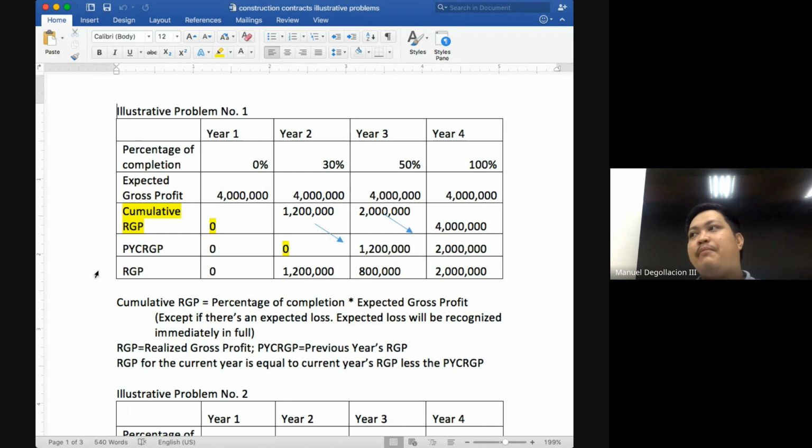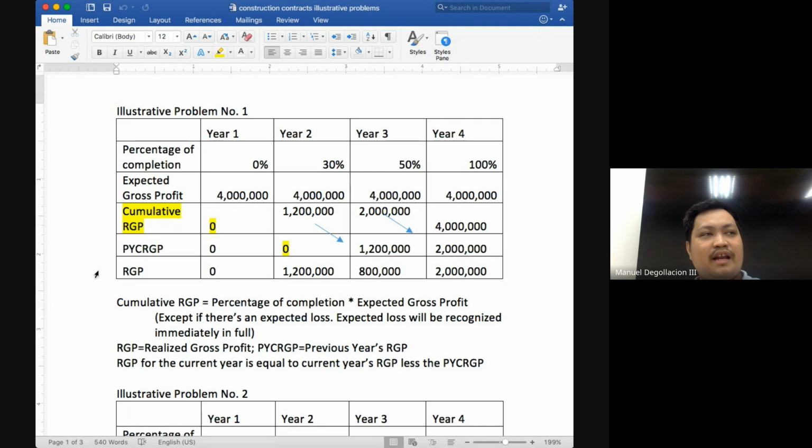But will you be reporting profit of 4 million for year 4? No, because in the previous years, you've already reported profit. How much have you reported in all the previous years, class? A total of 2 million. If we break down the 2 million, how is it going to be broken down? 1,200,000 on year 2 and 800,000 on year 3.